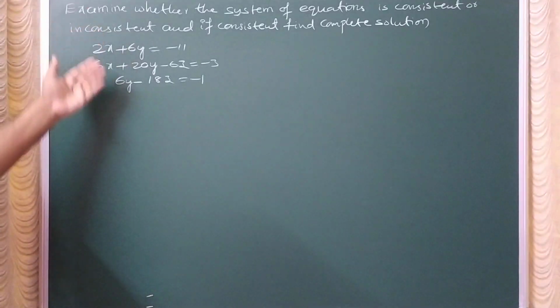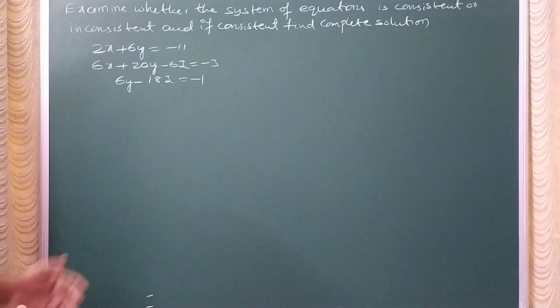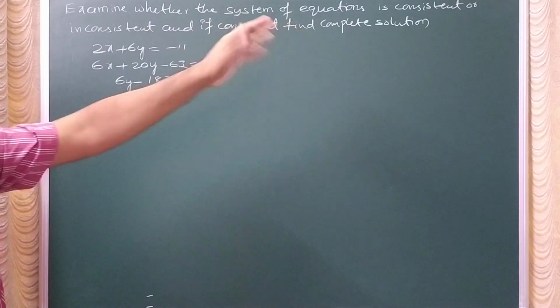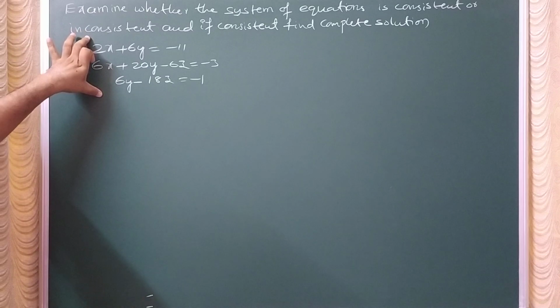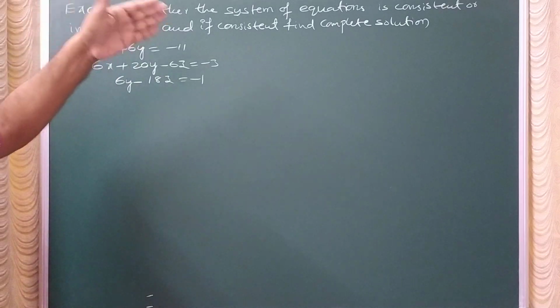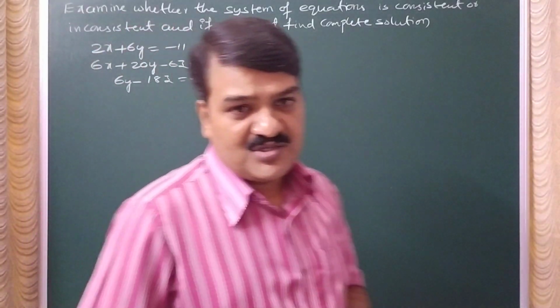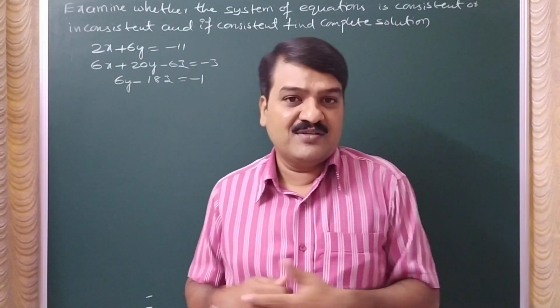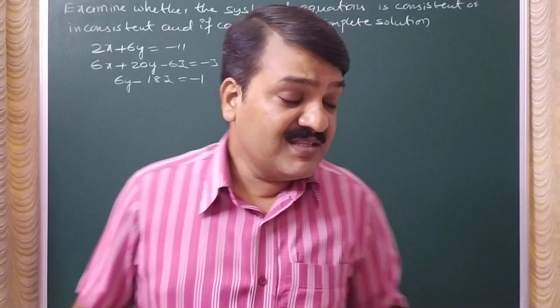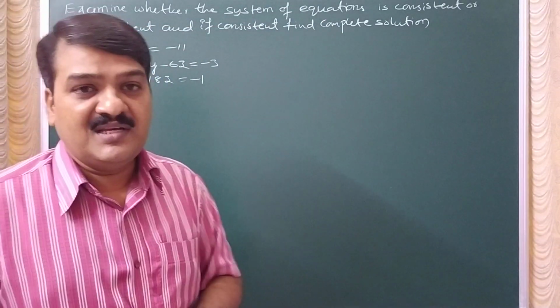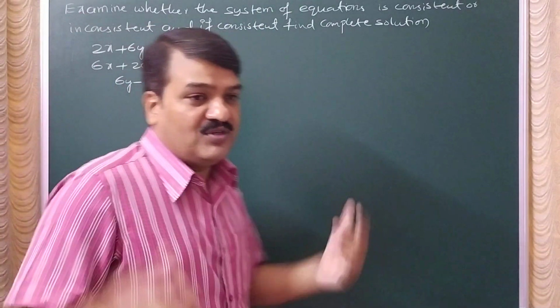So here this is the question we have. We have to examine whether the system of equations given is consistent or inconsistent, and if consistent, find the solution. If consistent only we can find the solution. If it is inconsistent, automatically that does not have any solution.